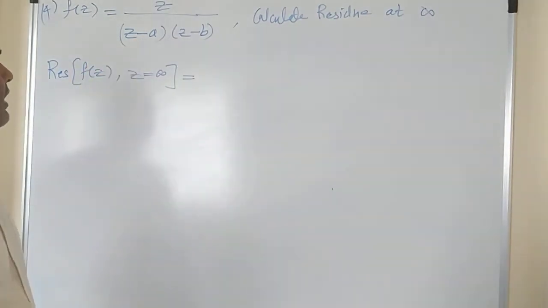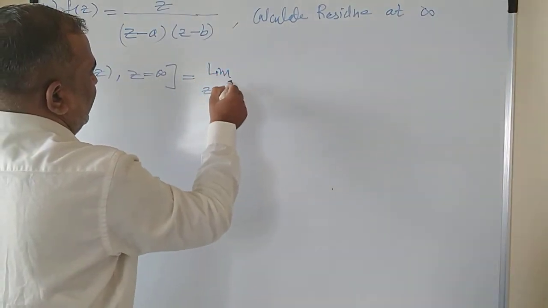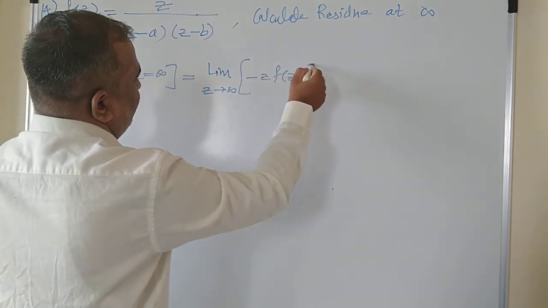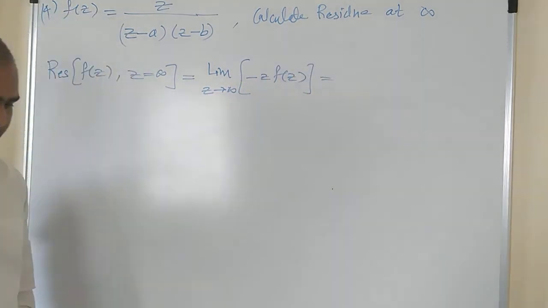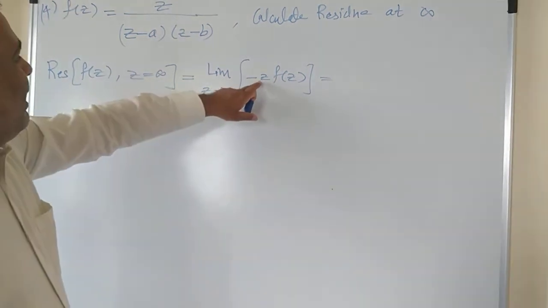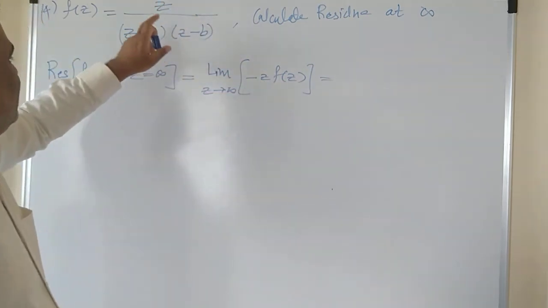What's that second formula? Limit z tends to infinity of minus times z into f of z is your formula, isn't it? And minus times z is a constant. For f of z, you have to put this value.